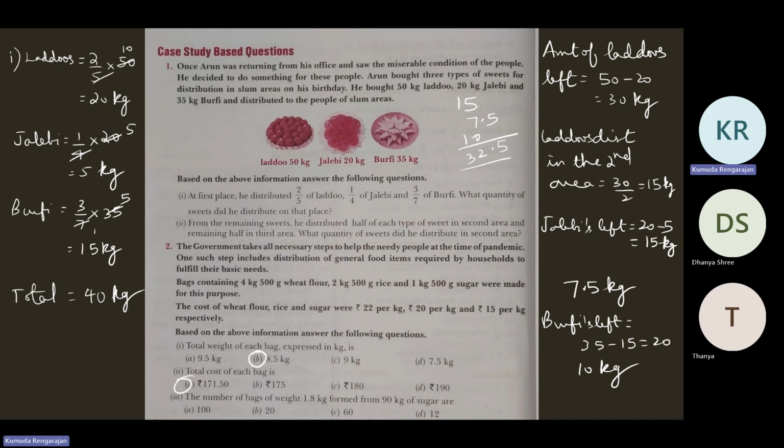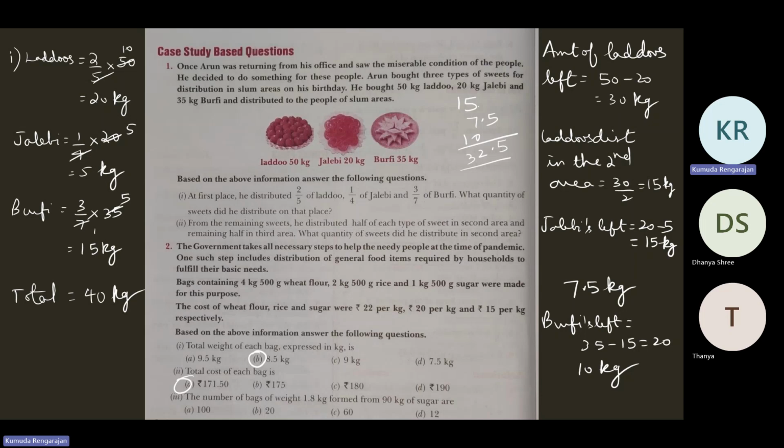I'm going to pack it in bags weighing 2 kgs. So how many bags can I make? In one bag, I'm going to put 2 kgs of sugar. So how many bags will I have? 10, ma'am. 20 by 2, 10.